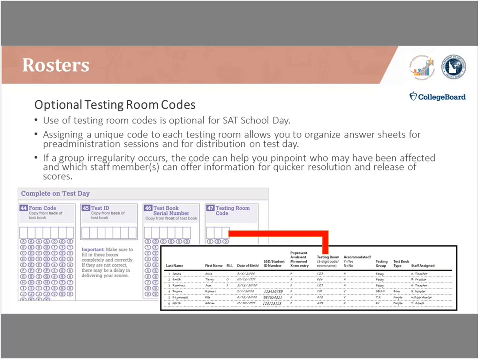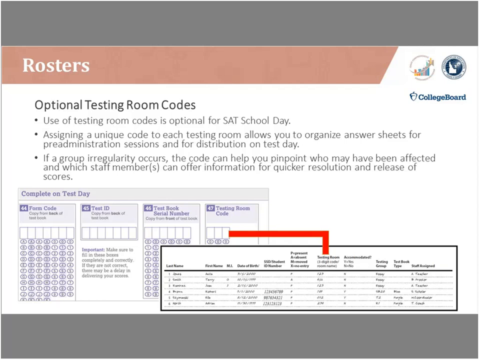In some situations, schools will be using what we call the testing room code, which is just a unique 3-digit number that you can apply to a particular room so that you can organize your answer sheets from the pre-administration session to actually go into your testing rooms on test day.